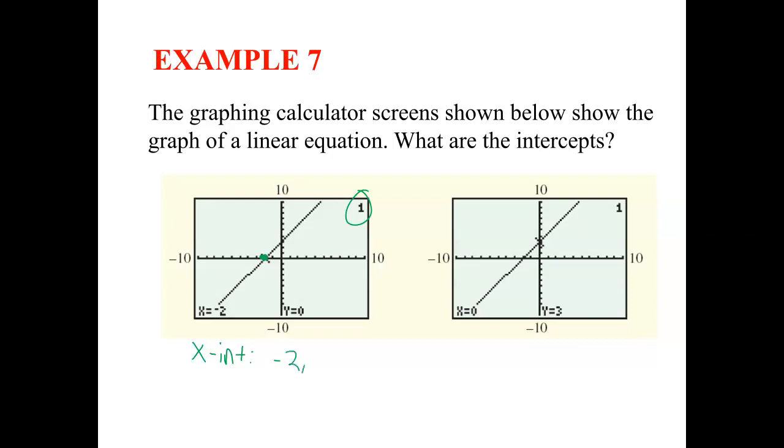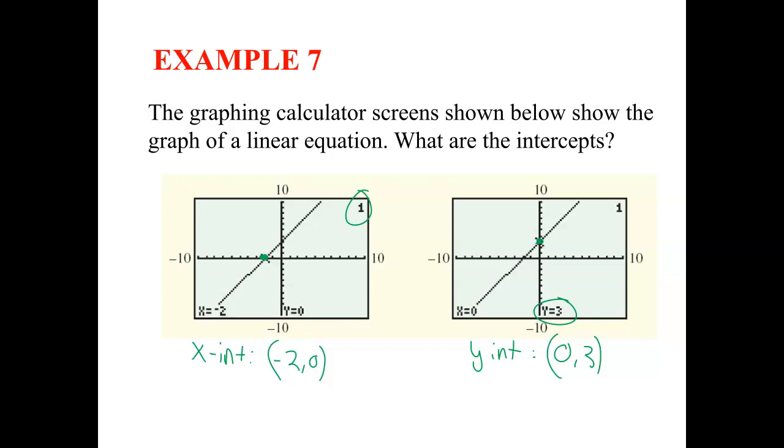There you go. Remember, x equals -2 is a vertical line. Your x-intercept is (-2, 0). Where's my y-intercept based on this graph? (0, 3) for our y-intercept.